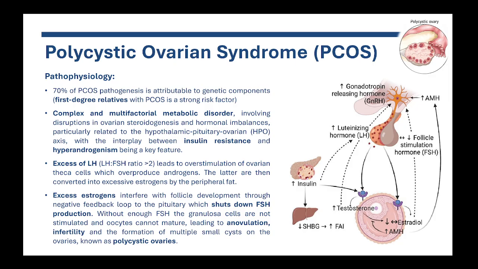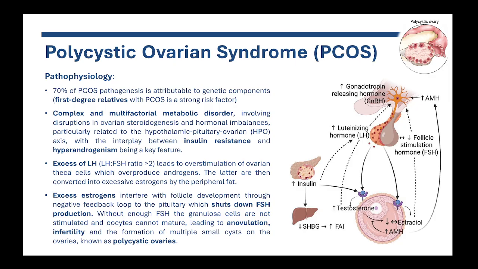Now, exactly what happens in the body of a woman that has PCOS, it's a very complex and multifactorial metabolic disorder. That is, there's quite a difference of opinion regarding what's the exact mechanism, how it starts. It's kind of like the chicken and the egg problem.